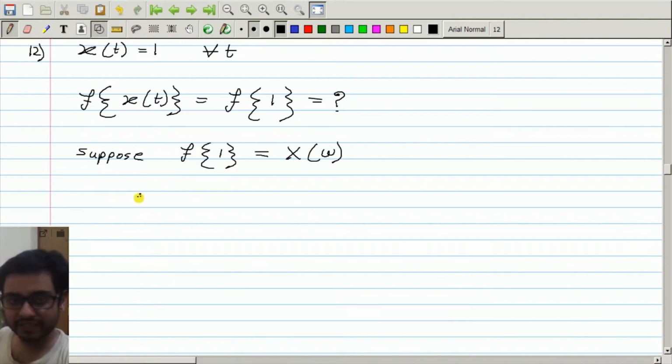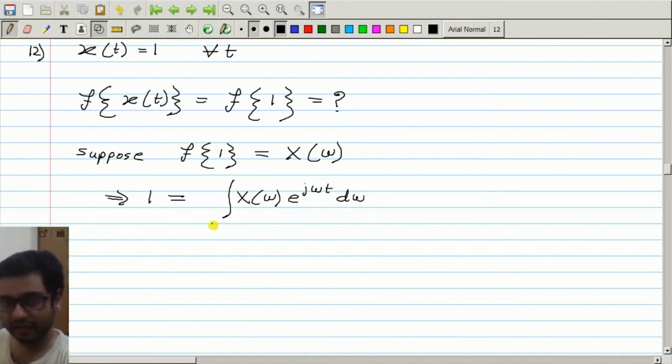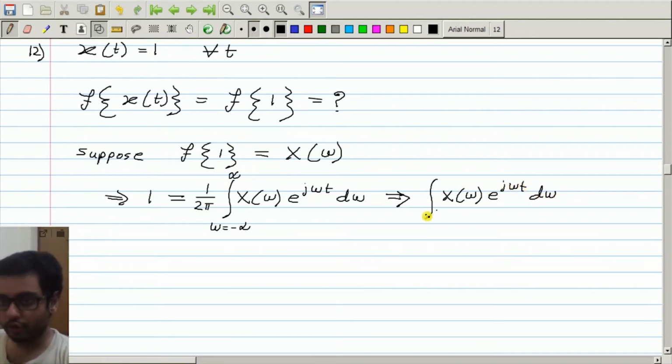Now that means 1 is equal to capital X omega e to the power j omega t integrated over omega from minus infinity to plus infinity, and then 1 over 2 pi, which means that this right hand side integration of X omega e to the power j omega t d omega over all omega, this is equal to 2 pi.